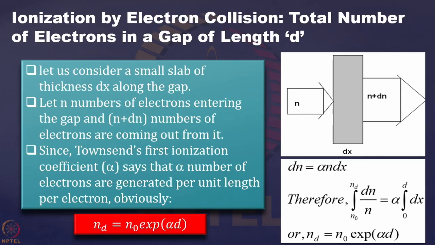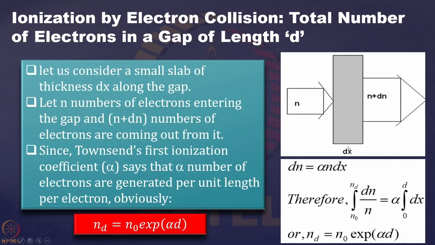So dn is equal to alpha, the Townsend fast ionization coefficient, because it is the number of electrons produced per unit length per electron. How many electrons are impinging? n. So we multiply by n, and it is per unit length.